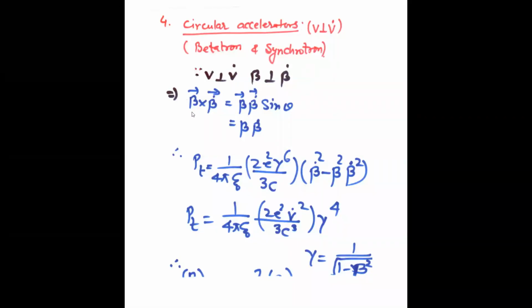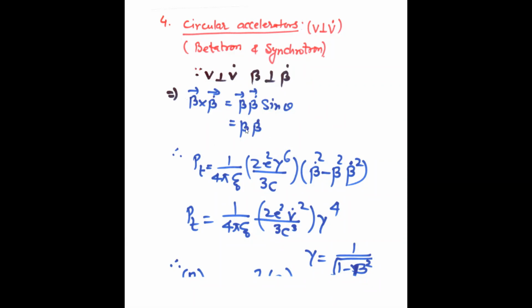So now let us see this term, beta cross beta dot, which exists in the Lienard formula. Beta cross beta dot equals beta beta dot sine theta. Both are perpendicular, so theta is 90 degree, so sine 90 will be 1. So this is simply beta into beta dot, and remove the vector sign here.